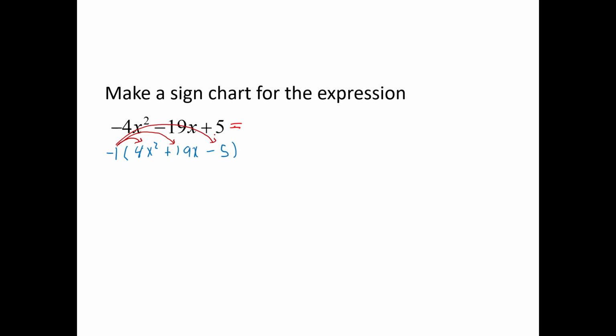And so that's another way of figuring out what goes inside the parentheses, is to ask yourself, when I back distribute like this, what needs to go here to end up with a minus 4x squared? What needs to go here to end up with a minus 19x? And what needs to go here to end up with a plus 5? And so when things get a little bit more complicated and you know what you want to factor out, that's how you can figure that out, by asking yourself, what needs to go here, here, and here.